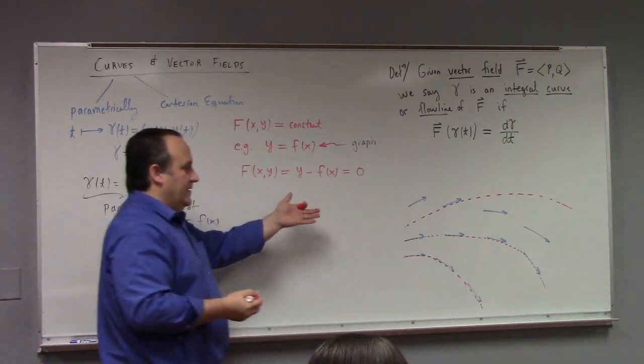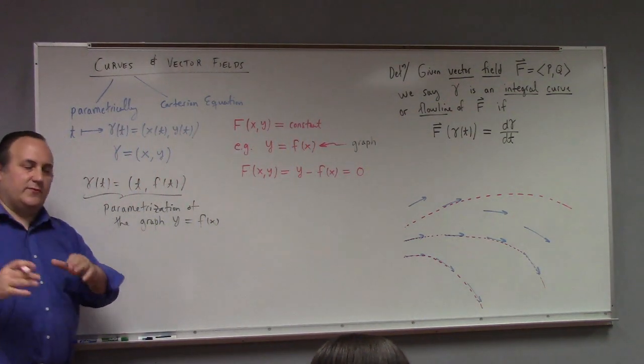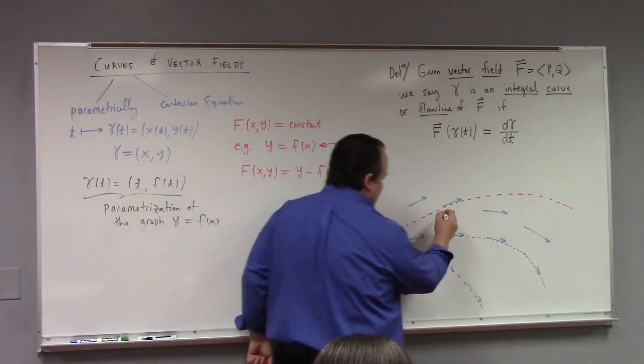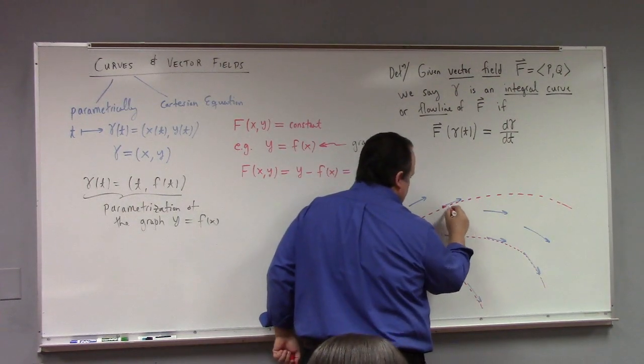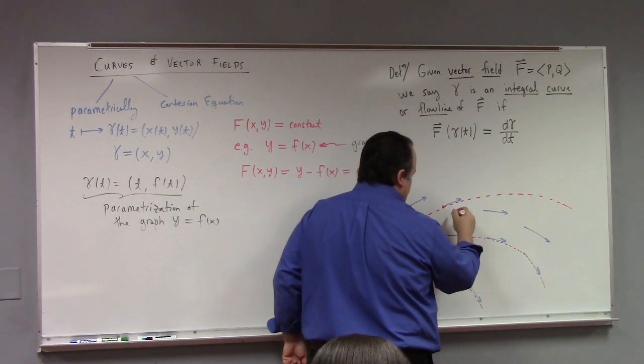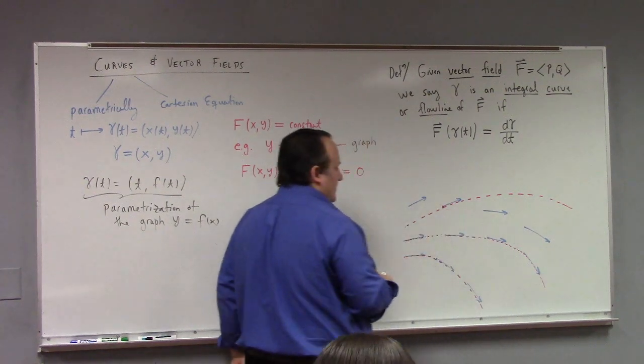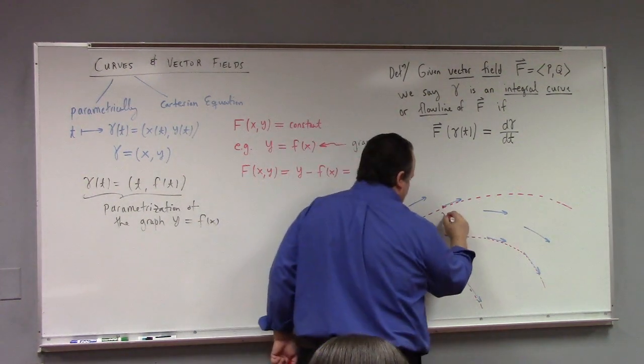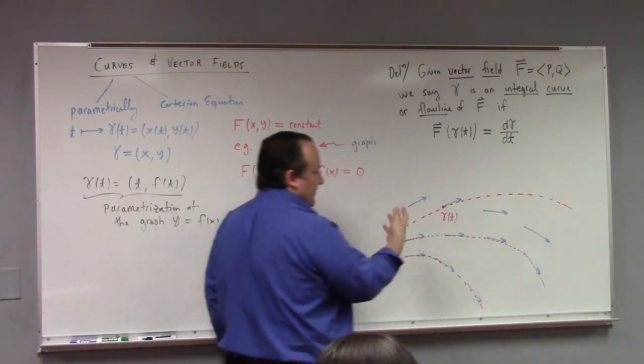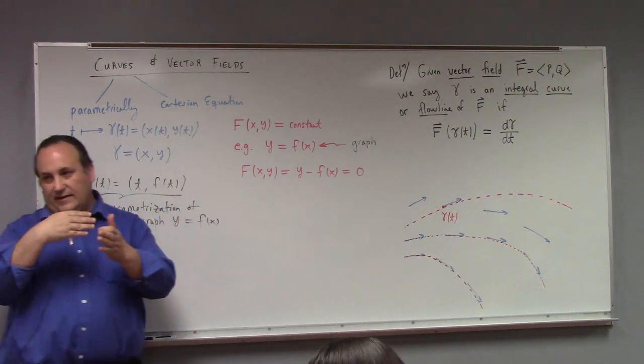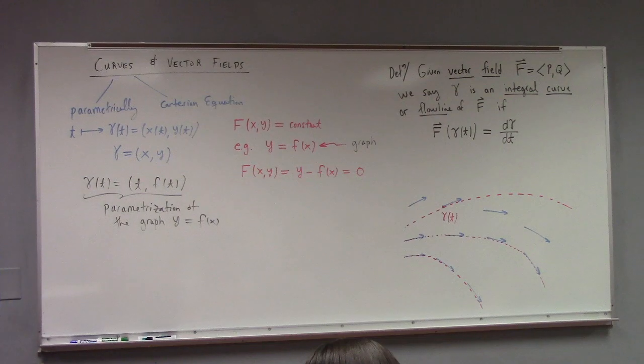They are such that at any particular point that you pick, like right here, this point would be, for example, gamma of t. At that point, the tangent vector to the curve matches the vector field which is given. All right.